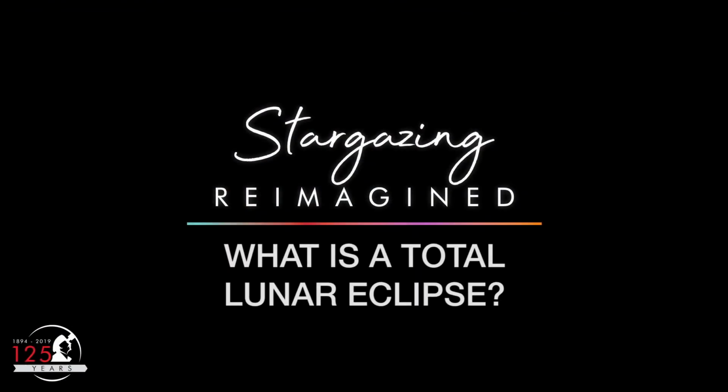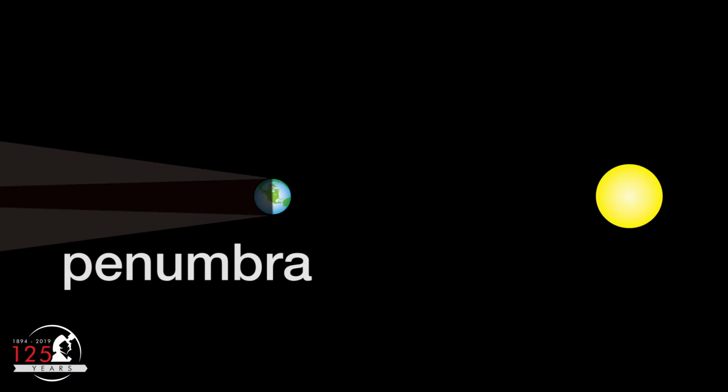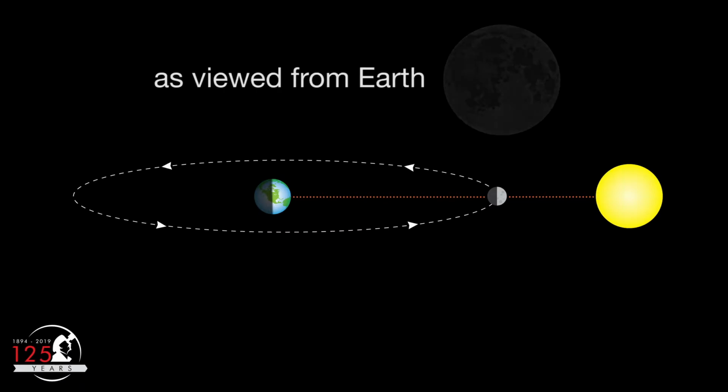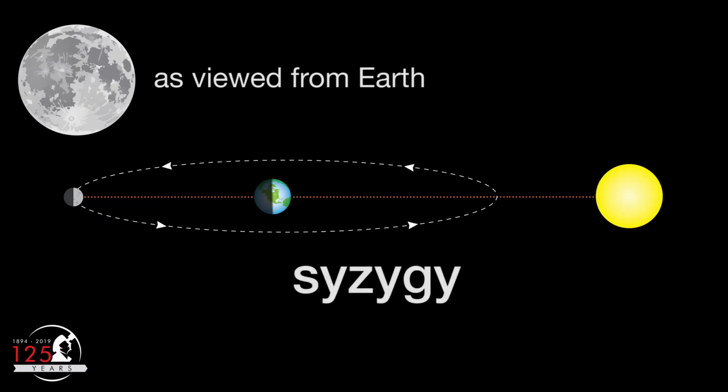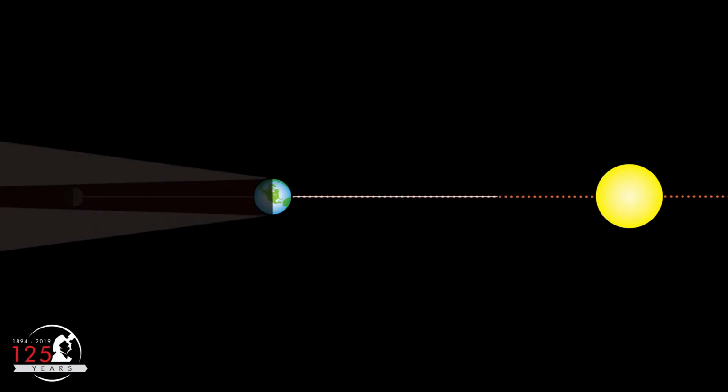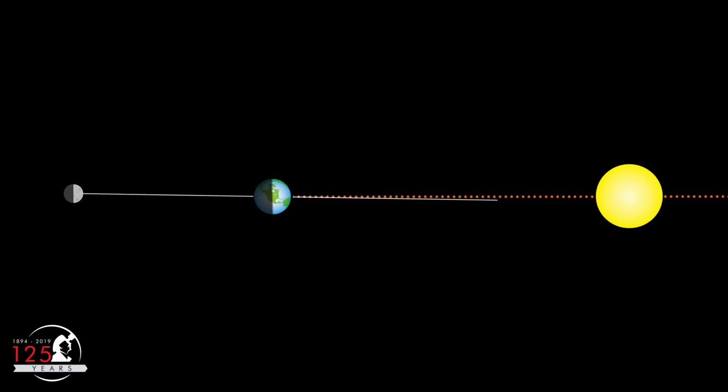What is a total lunar eclipse? The Earth's shadow that is cast by the sun has two parts. The umbra is the darkest part of the Earth's shadow. If you're in the umbra, you can't see the sun at all. The penumbra is a much lighter part of the Earth's shadow. Here, only part of the sun is blocked from view. Whenever the Earth, moon, and sun line up, it is either a new moon or a full moon. This is called syzygy. If the moon's orbit around the Earth were in exactly the same plane as the Earth's orbit around the sun, we would see a lunar eclipse at every full moon. But the moon's orbit is inclined by about 5 degrees to Earth's orbital plane.